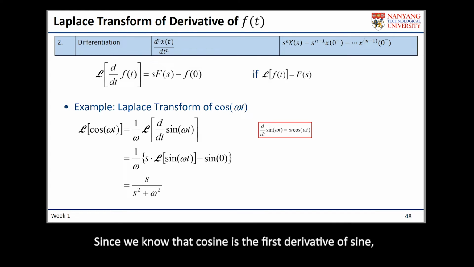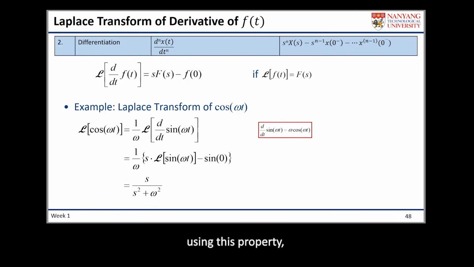Since we know that cosine is the first derivative of sine, I can replace it into this form, and then using this property, I find that the Laplace of the first derivative of sine will be equal to s times the Laplace of sine minus sine of t when t equals 0.